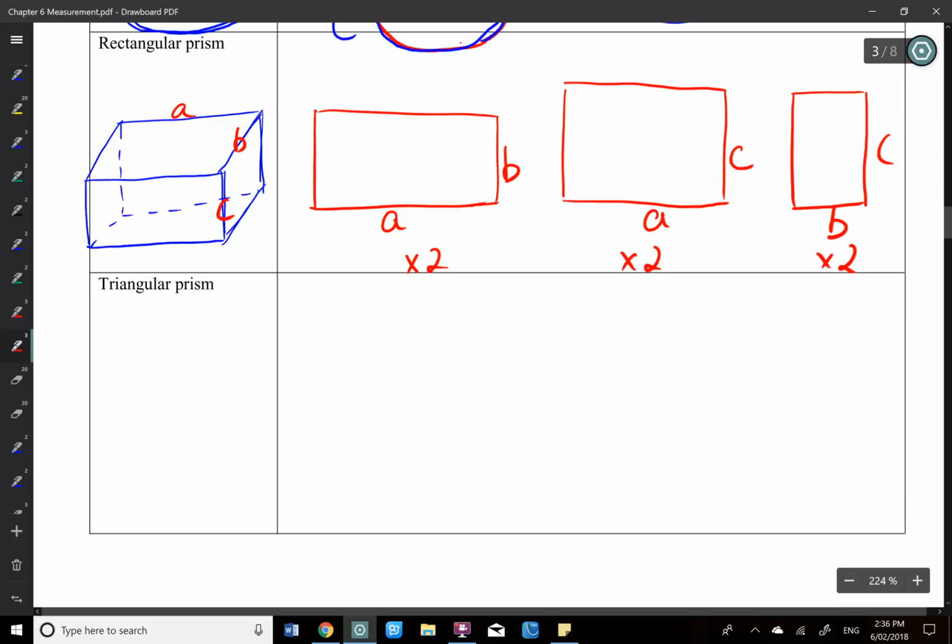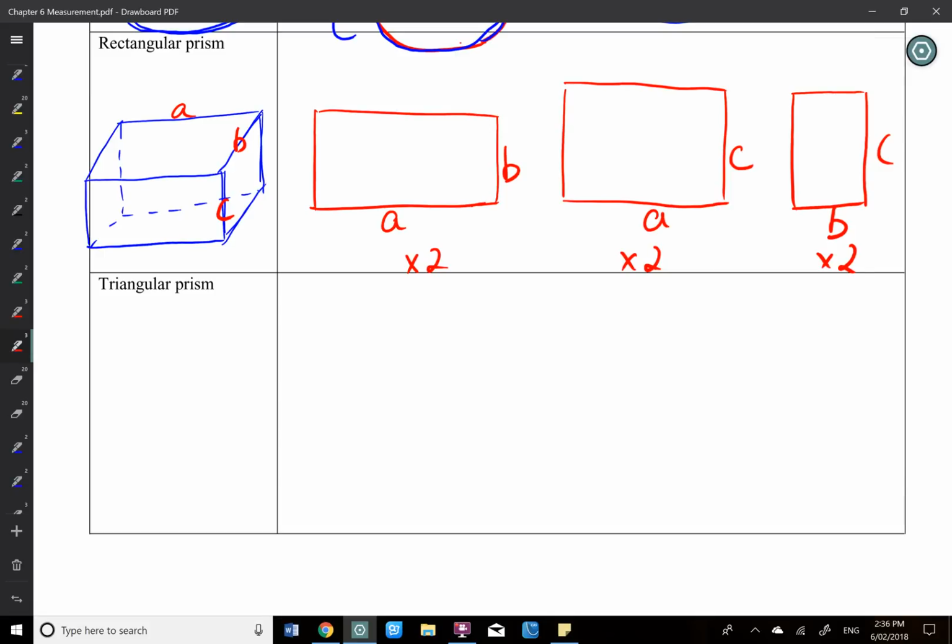There will be 6 faces, and each one is a rectangle. You have AB, AC, and BC, and each of those you have 2 pieces of.